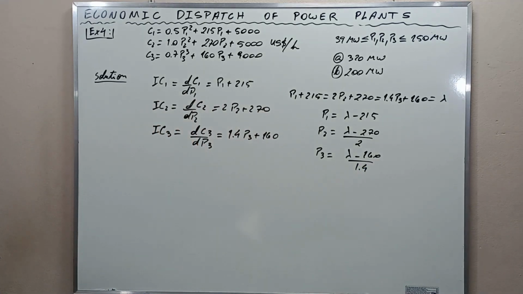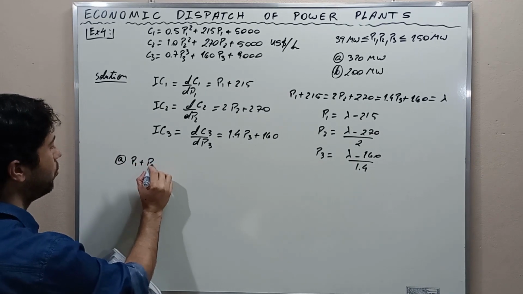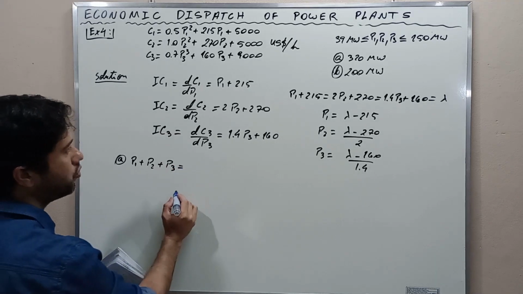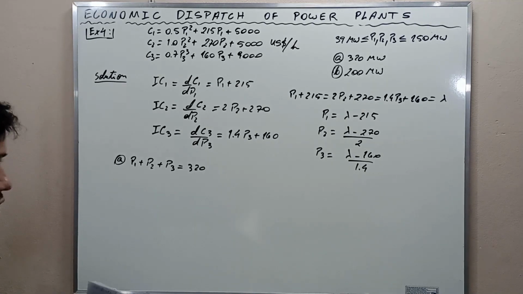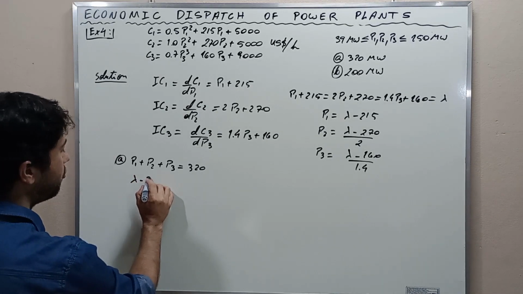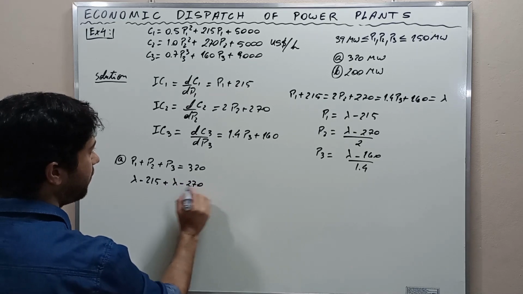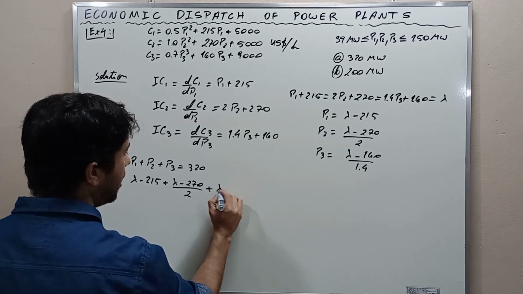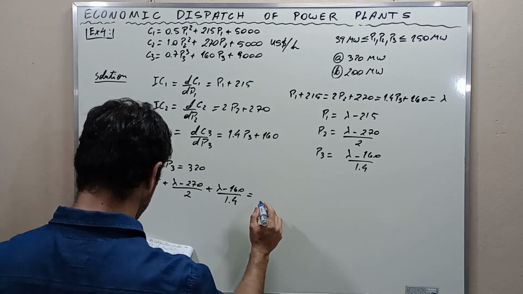Okay? The boundary condition of letter A is that P1 plus P2 plus P3 has to be equal to 320 megawatts. Alright? We are going to use these expressions here. In this way, lambda minus 215 plus lambda minus 270 over 2 plus lambda minus 160 over 1.4 equal to 320.